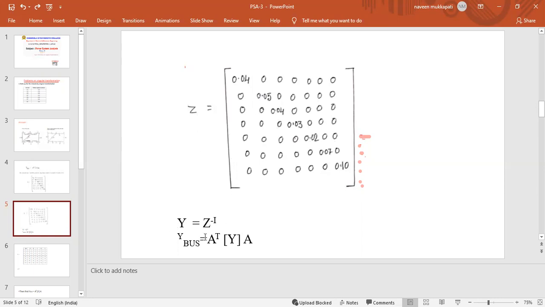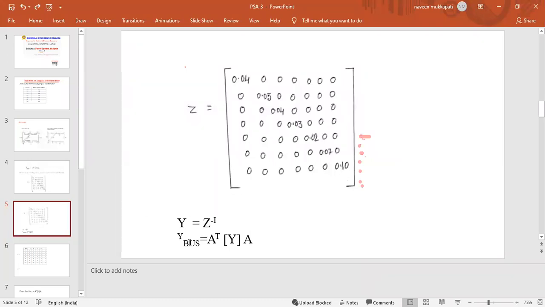Then we obtain the Y matrix. Since the matrix has only diagonal elements, we obtain the inverse by taking 1 by Z11, 1 by Z22, 1 by Z33, 1 by Z44, 1 by Z55, 1 by Z66, 1 by Z77.